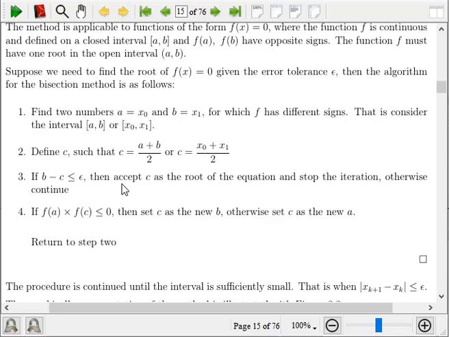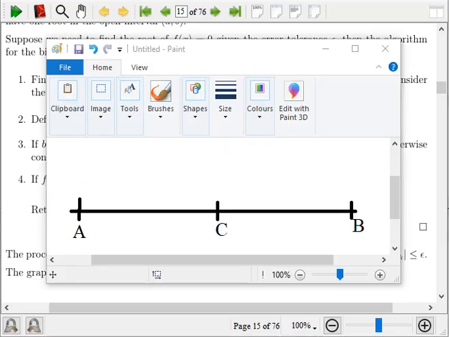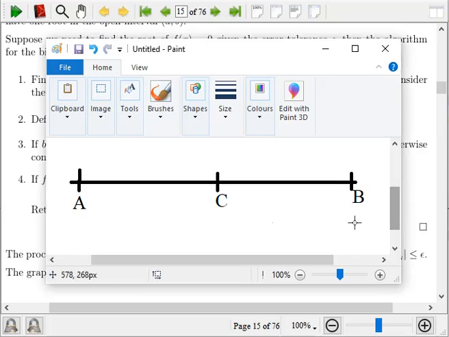But if not, then we continue to the fourth step, where we check the functional values of A and C. So I want to illustrate it with this.